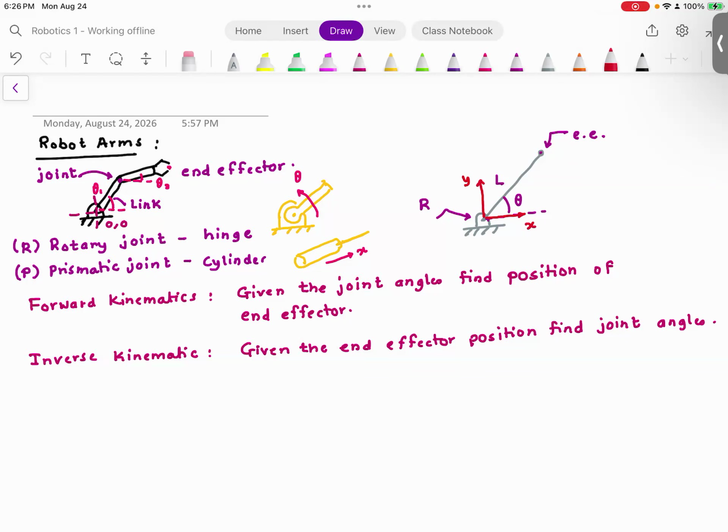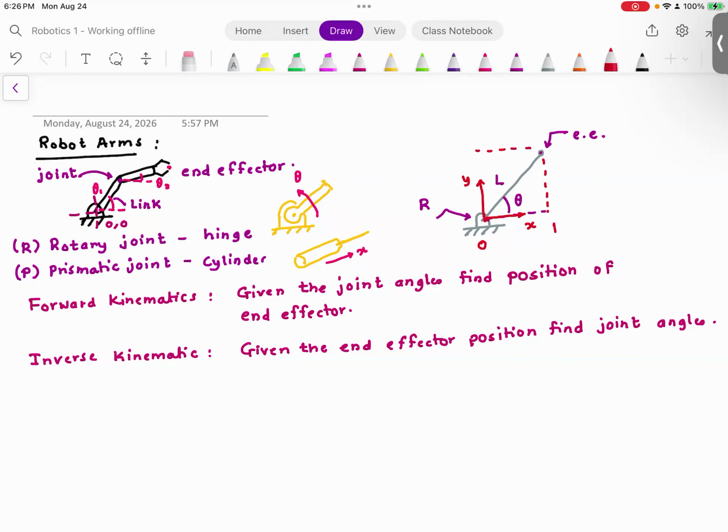And I want to find out where that end effector is with respect to this origin O. Or in other words, this is going to be my 0, 0. All of you know the Pythagorean theorem. You know sine and cosine. So what I can do is draw a vertical line down. I can draw a horizontal line.